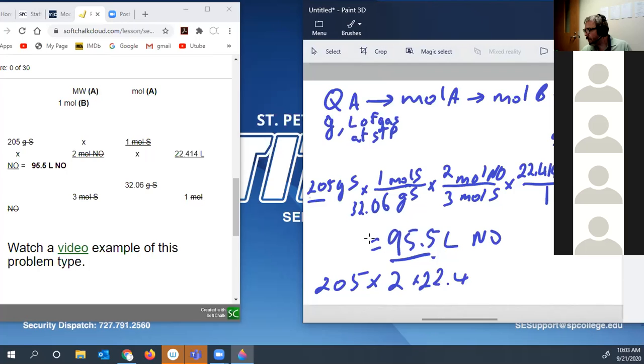So everything across the top gets multiplied. And then anything on the bottom gets divided. So divided by 32.06 and divided by 3. And that'll give you your answer as well. So that's a whole lot shorter than what a lot of people will try and do. Notice I ignored the ones, obviously, but that's the best way of sticking it in your calculator.